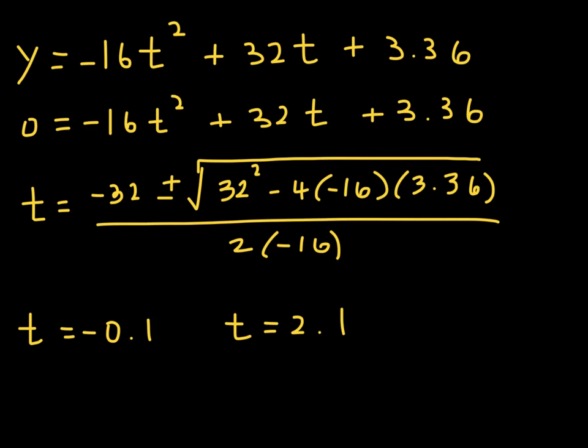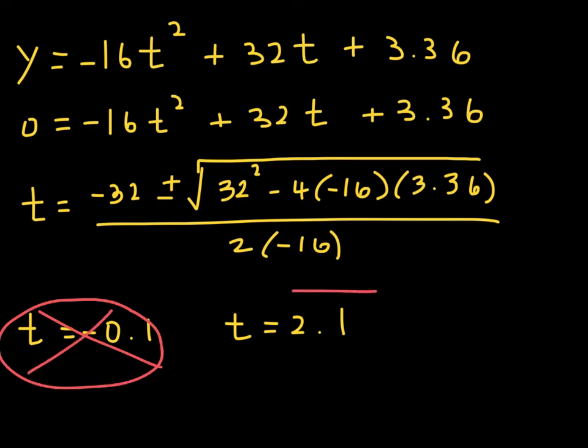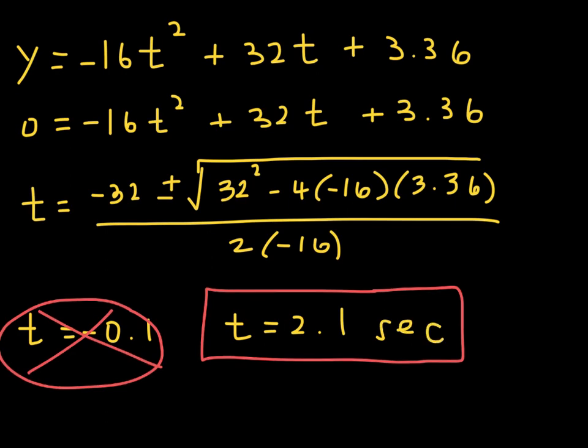Now remember, t is in terms of seconds. It makes no sense for the rocket to be in the air for a total of negative 0.1 seconds. That doesn't make any sense in this context. And so the only acceptable answer is 2.1 seconds. That's the total flight time for this rocket.